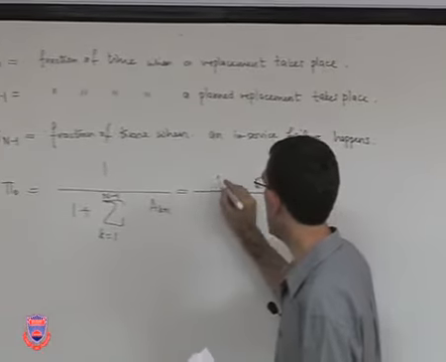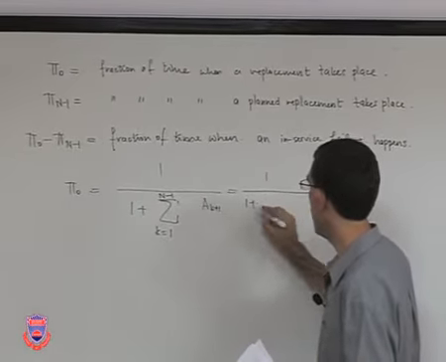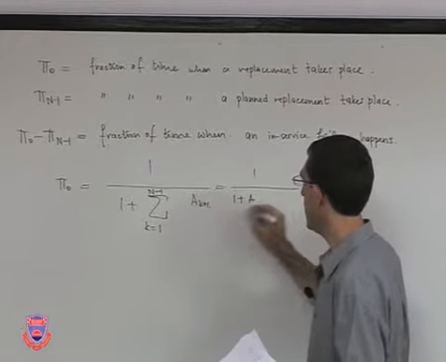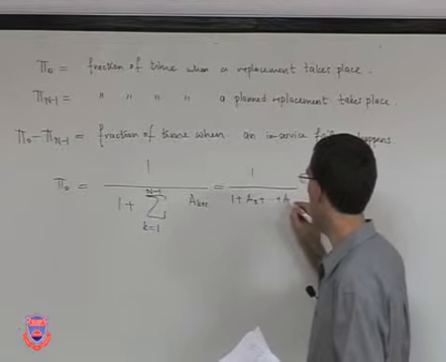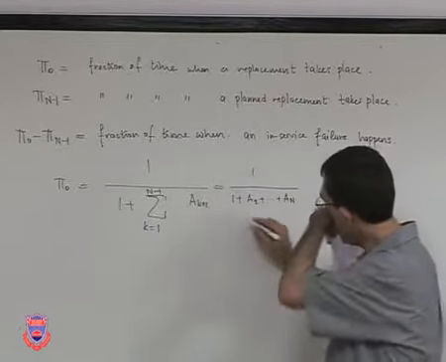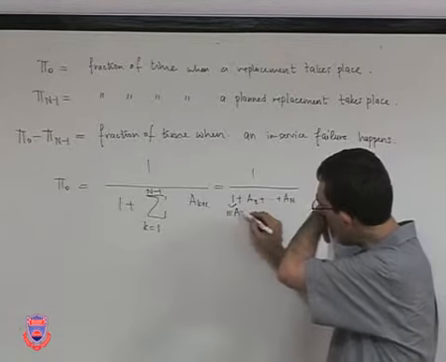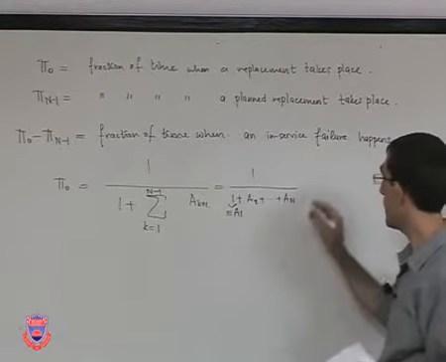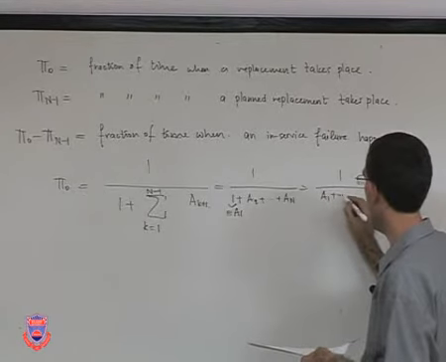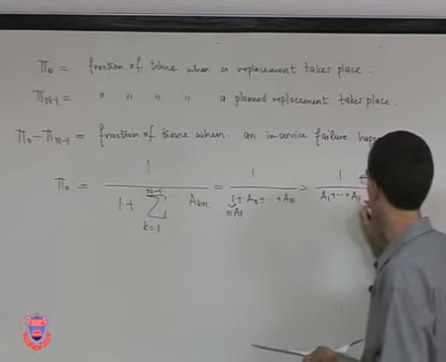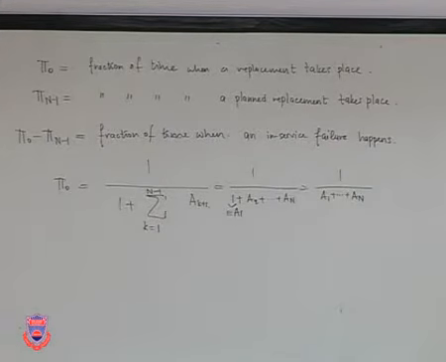So if I expand this sum, I get A2 plus till An. But we said this is the same as A1. We can just compactly write everything as 1 over the sum A1 to An, if you wish. So that was the simplification for pi 0.